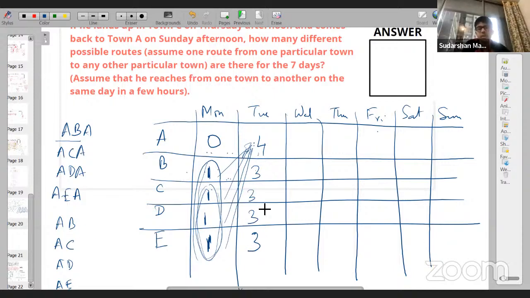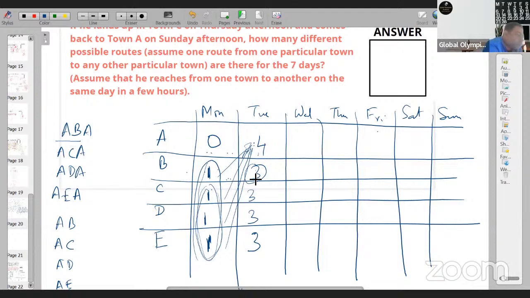So basically, in this one, for example, this 3 here will stand for ACB, ADB, and AEB. And similarly for all the others it will stand this way. For C it will be ABC, ADC, and AEC. For D it will be ABD, ACD, and AED.